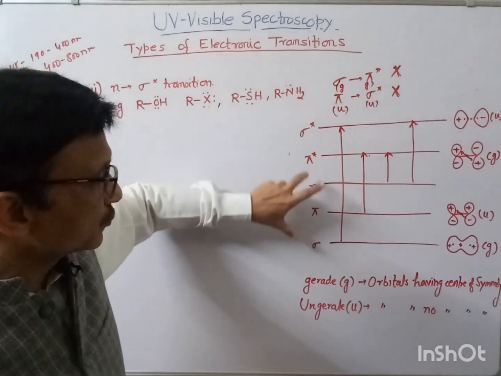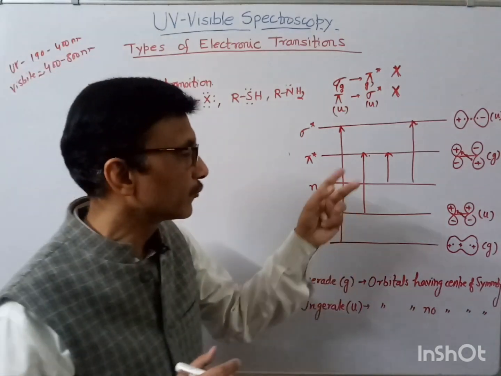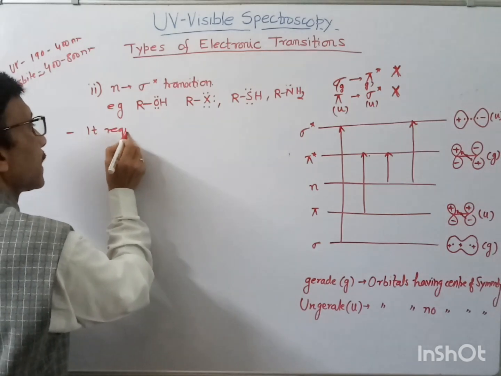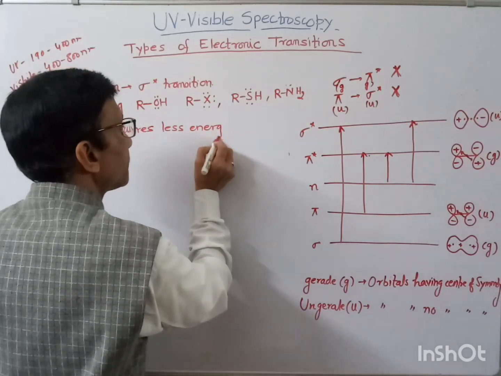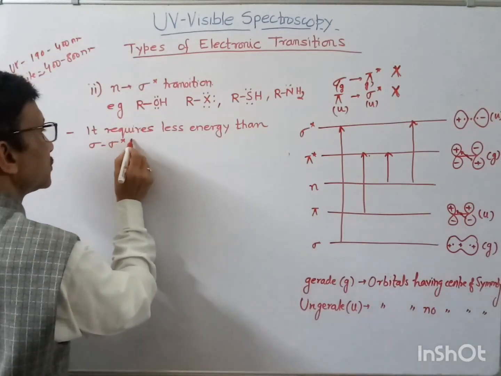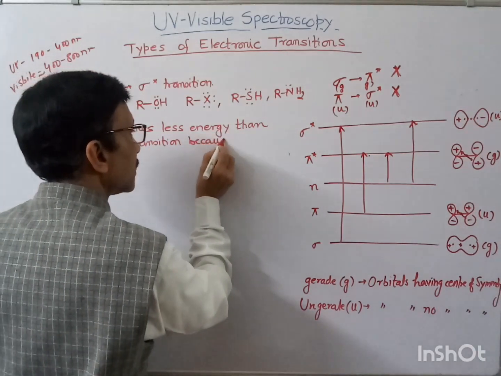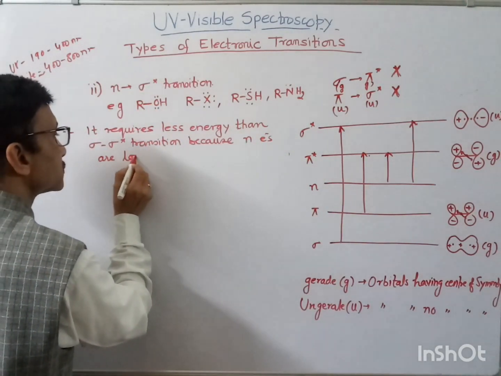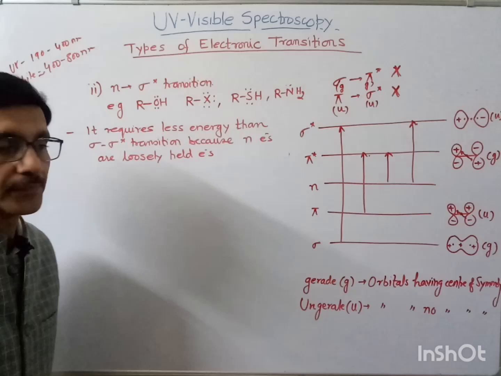Sigma bonds are very strong and the sigma electrons are not loosely held, so they require high energy. So this is the reason.